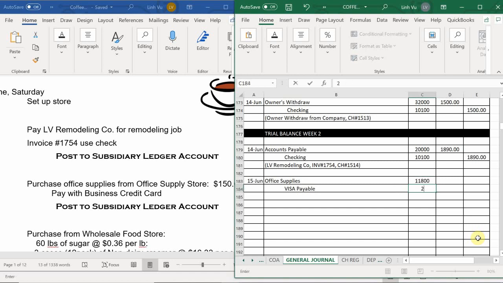The Visa payable is 22,000. Okay. How much was the office supplies? 150.